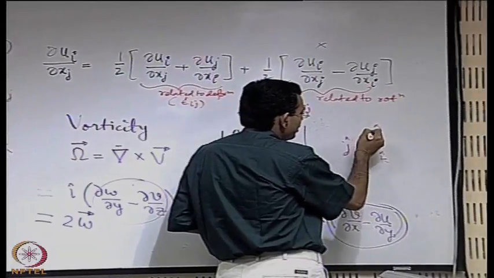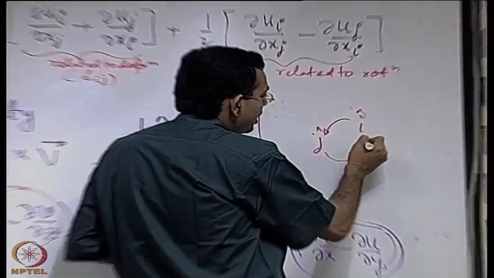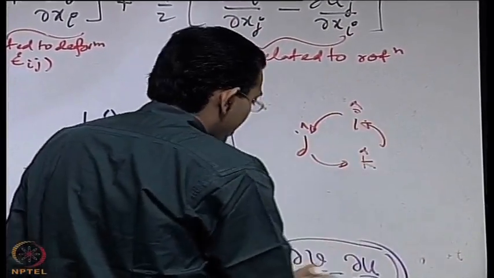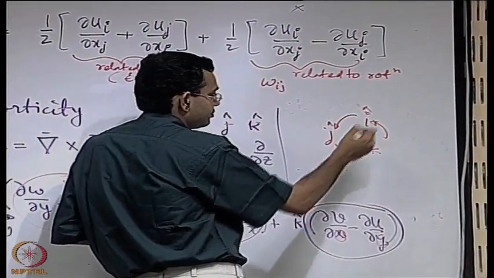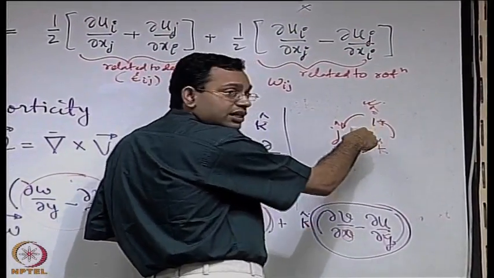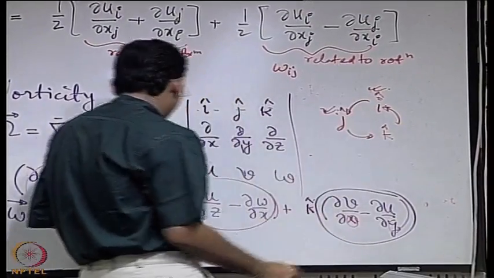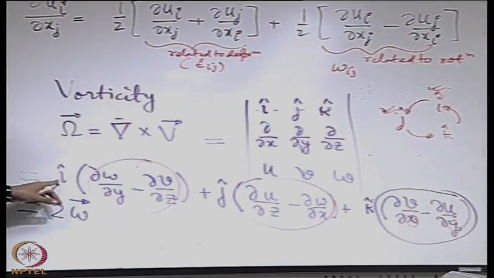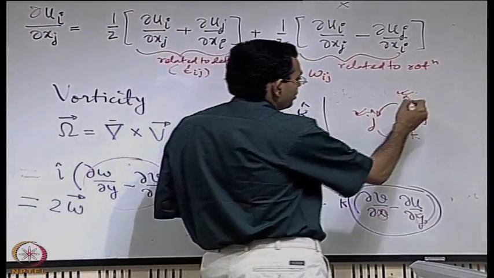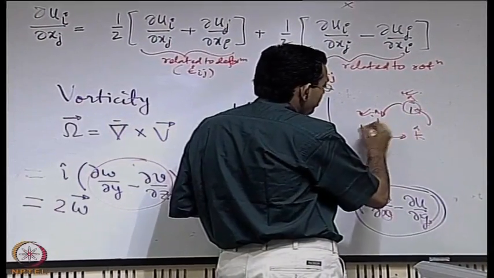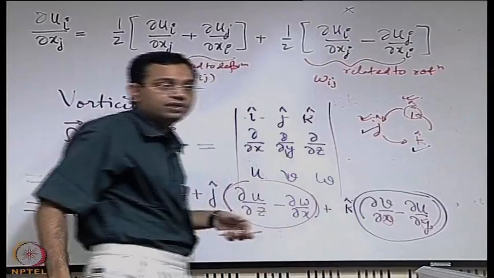When you are writing the z component, first comes the x derivative and then the y derivative. Similarly, when you are writing the x component, first comes the y derivative and then the z derivative.